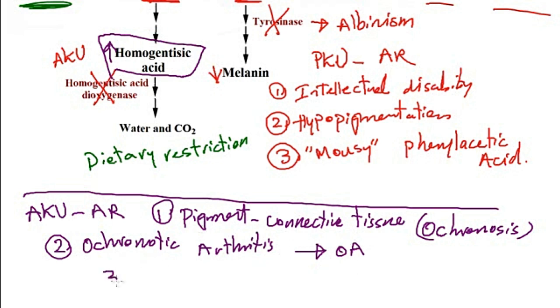And then the third feature of this disorder is black urine. Once these patients urinate, initially the urine will have a normal color, but once the urine gets exposed to air, air will oxidize homogentisic acid and give urine its black discoloration.